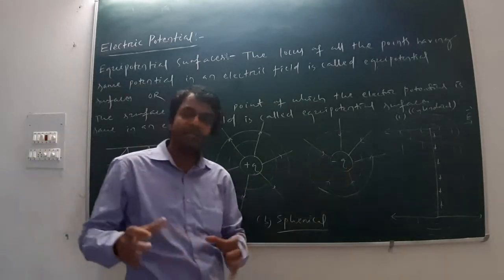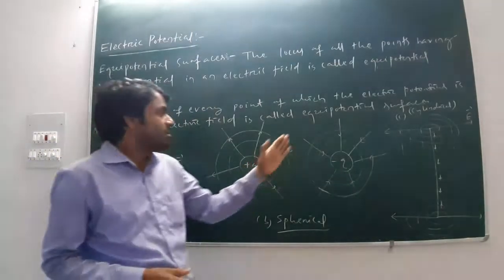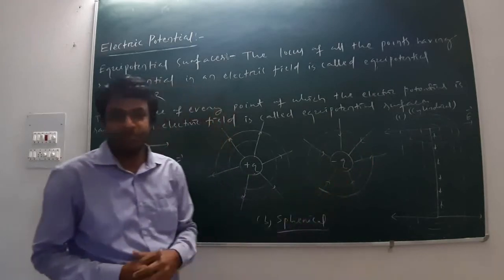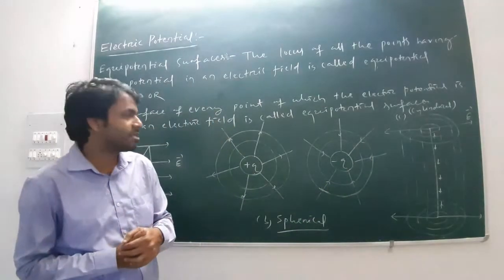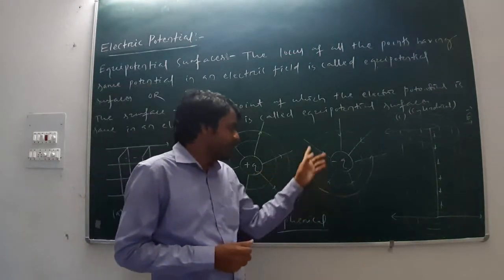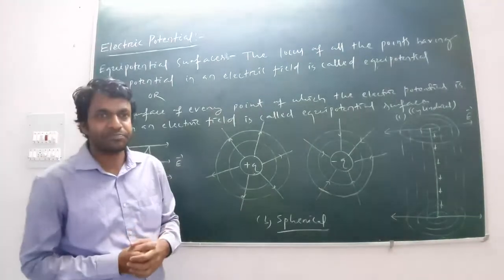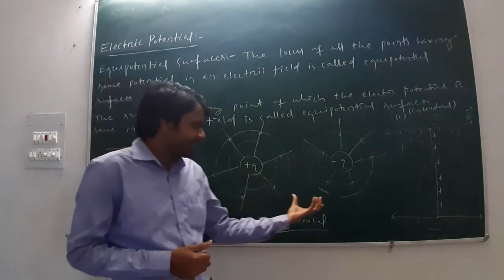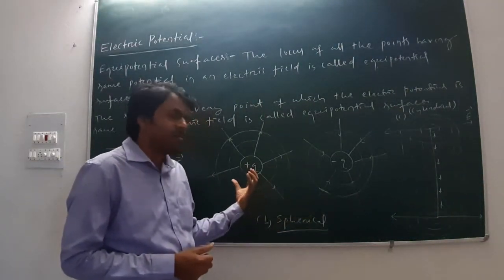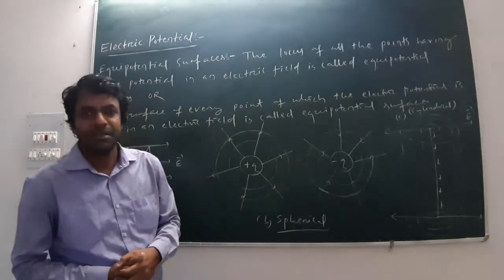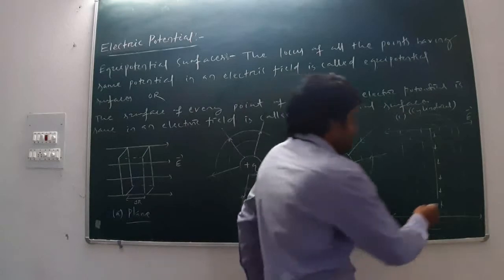Similarly, for a negative point charge minus Q, the electric field lines are directed inward toward the point charge, and the equipotential surface is also spherical in shape.